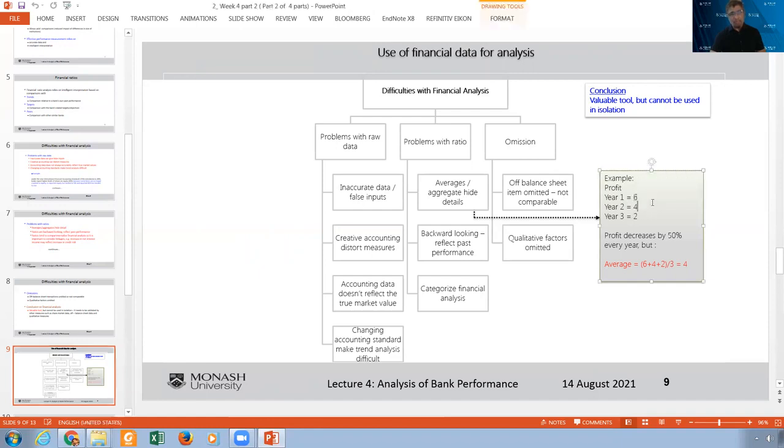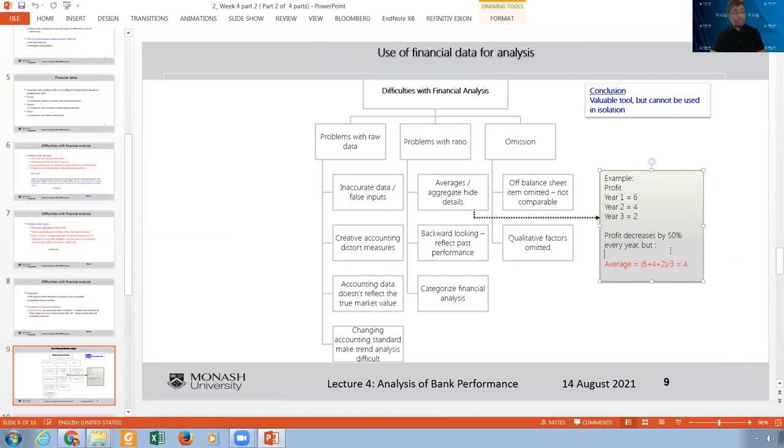If you make a profit of 6 in the first year, drop to 4 in the second year, and drop to 2 in the third year, you can say the average profit during the last 3 years is 6 plus 4 plus 2, divided by 3, which is actually 4.